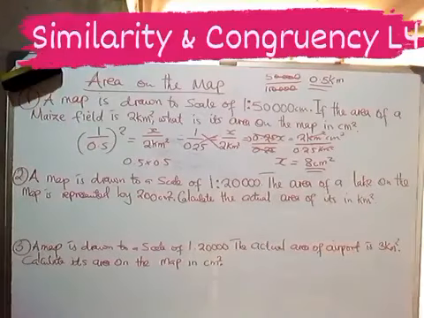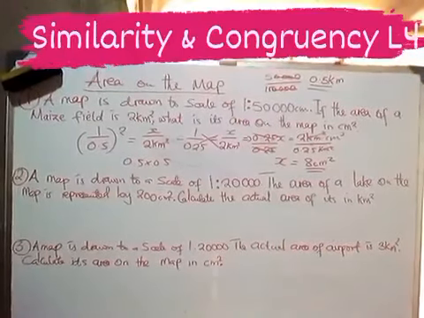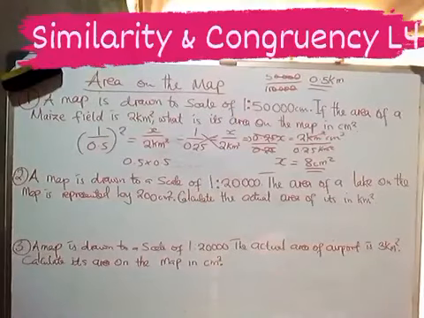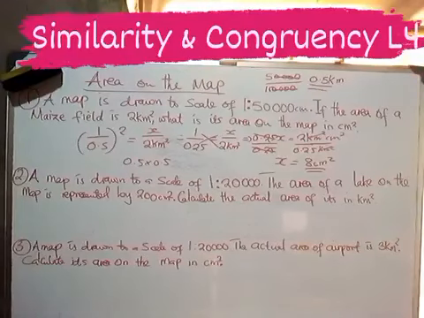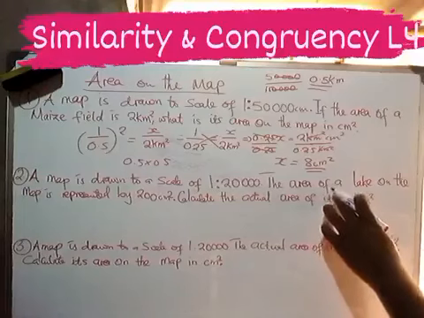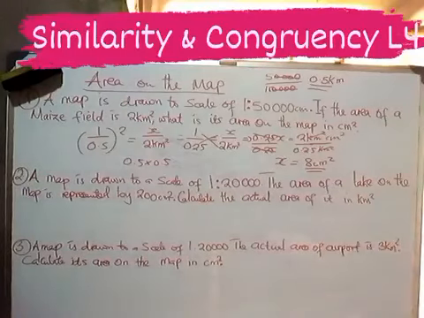Now let's go to question number 2. We are told a map is drawn to a scale of 1 to 20,000. The area of a lake on the map is represented by 200 centimeters squared. Calculate the actual area of it in kilometers squared.